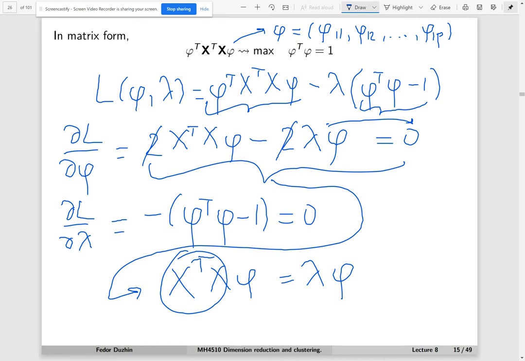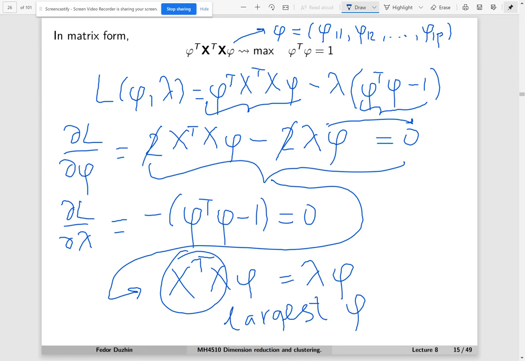And it turns out that the particular phi that solves this optimization problem is going to be the eigenvector corresponding to the largest eigenvalue. The rest of the eigenvectors of this matrix are going to be the rest of the loadings.